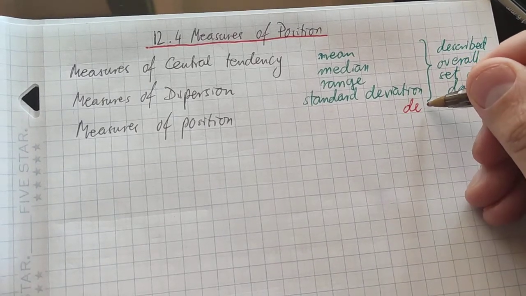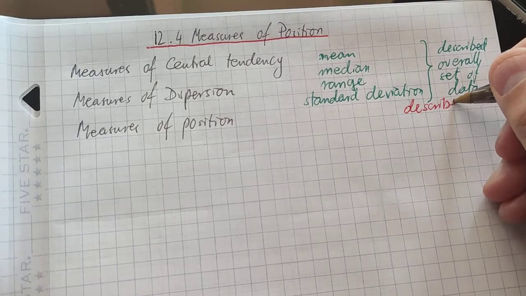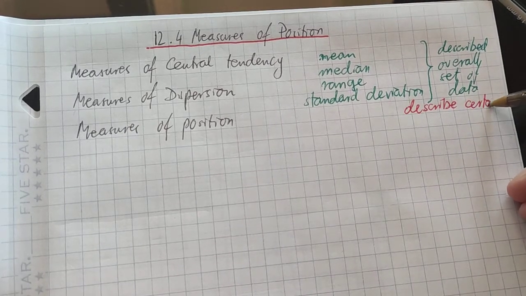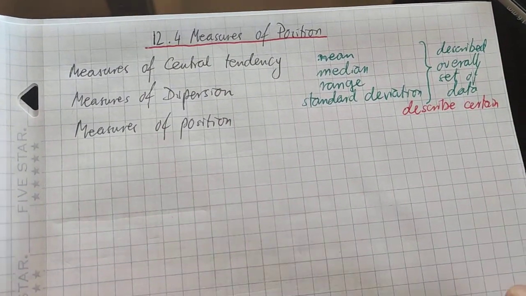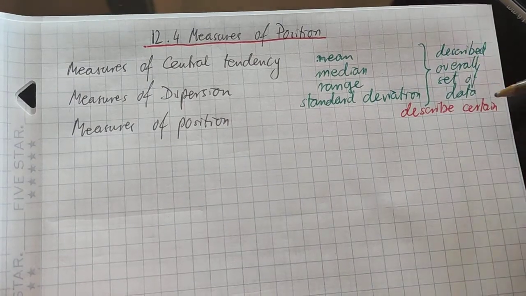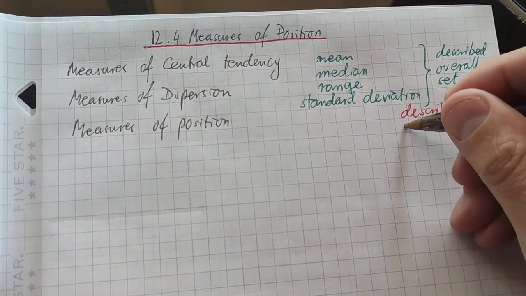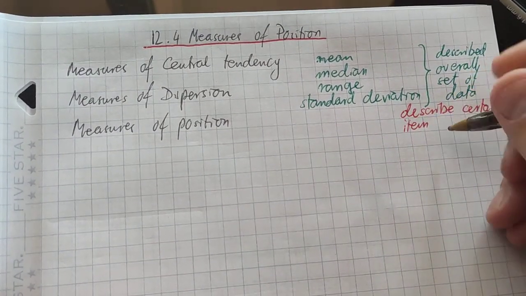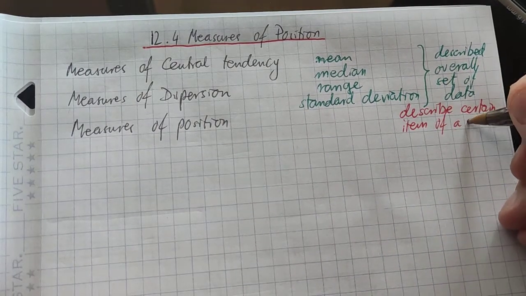So let's write it down: they describe a certain or specific item, a specific data point, of a data set.